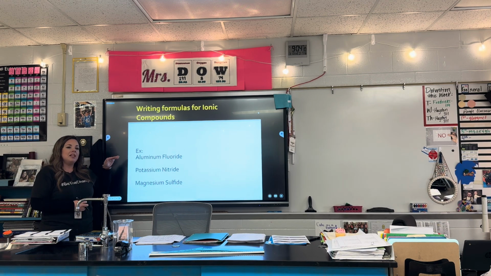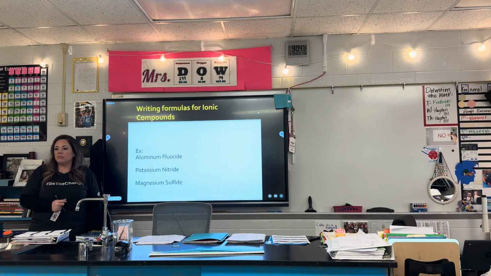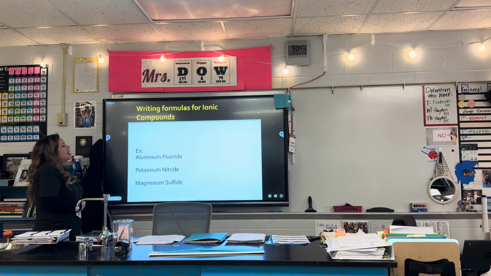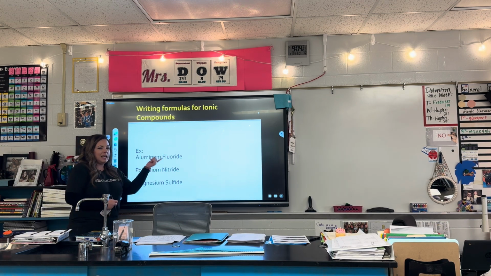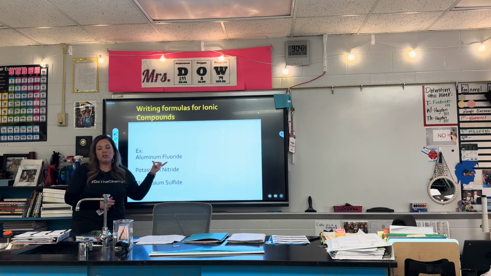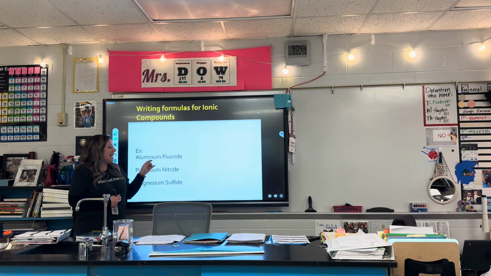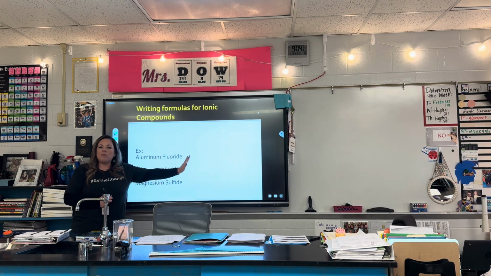Now you're going to be given the name and you have to write the formula. How is it different? Instead of there being an "and" in the middle, I won't be giving you two elements. It'll actually be the name, so there's no "and," and there's "ide" on the end of our nonmetal.